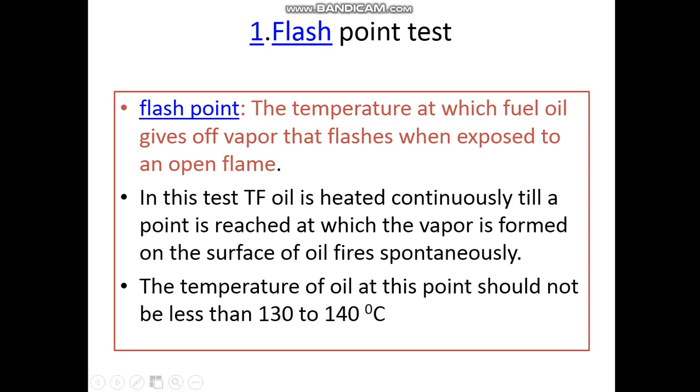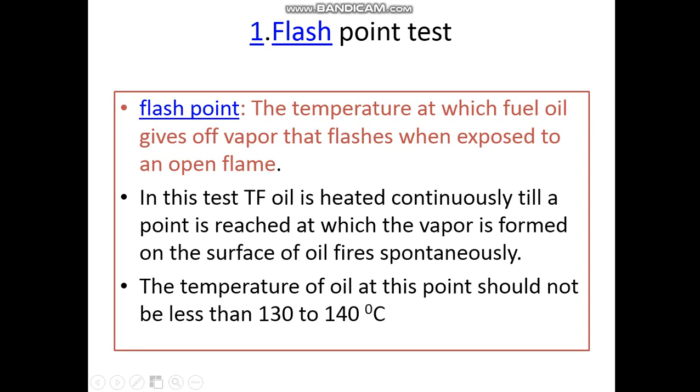In this test, generally the transformer oil is heated continuously till a point is reached at which the vapor formed on the surface of the oil fires spontaneously. What we do in this test is just heat the transformer oil continuously till a point is reached at which the vapor is formed.